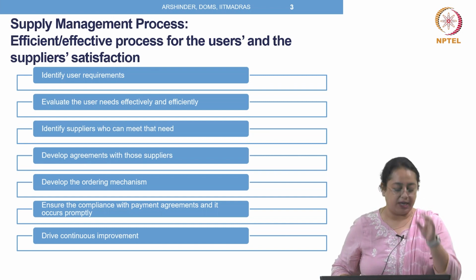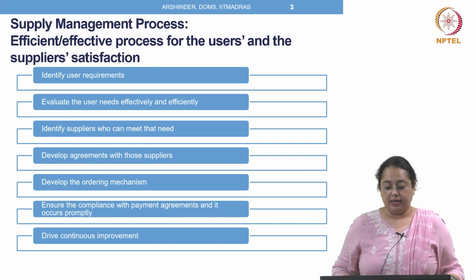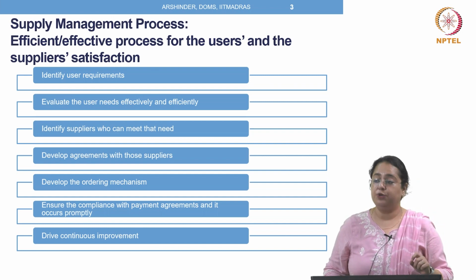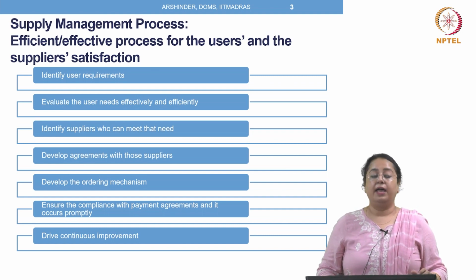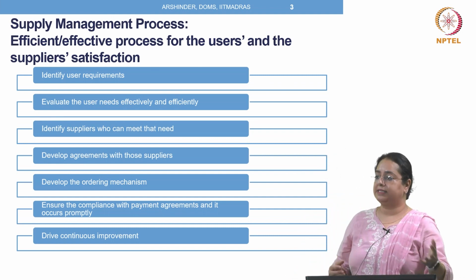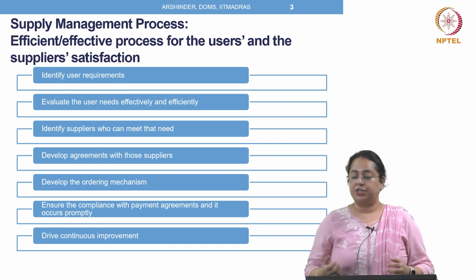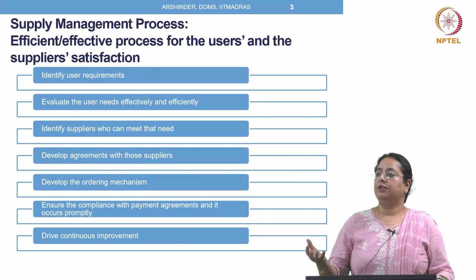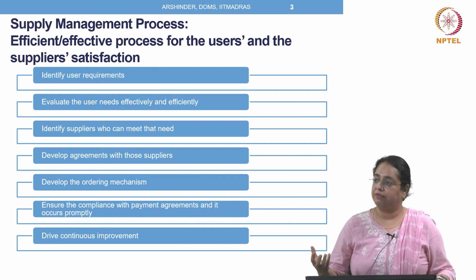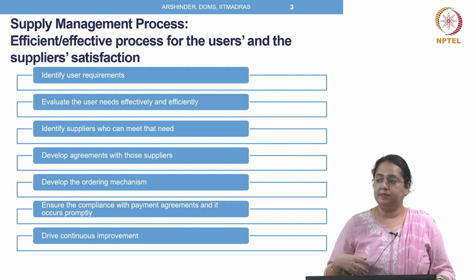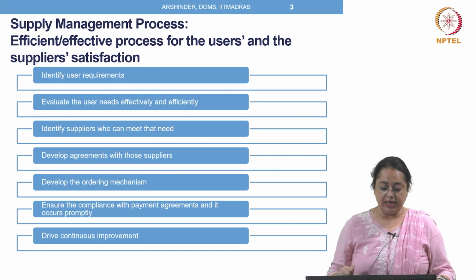First, we identify users' requirements. Every organization has many departments, say marketing, sales, production, processing, quality, design. We get their user requirements, and the supply management function evaluates user needs effectively and efficiently.